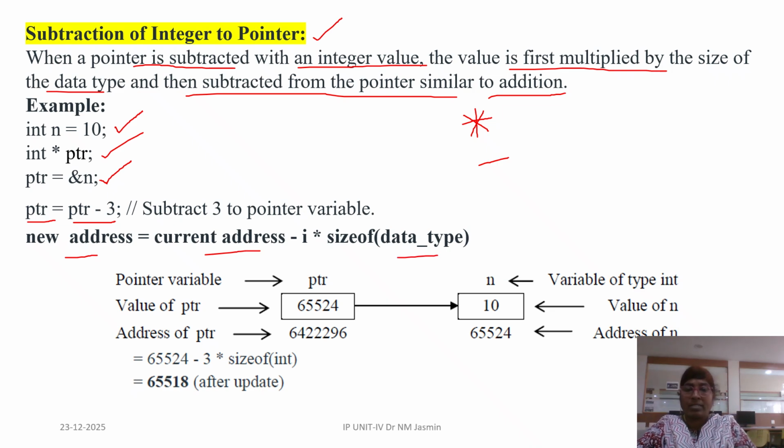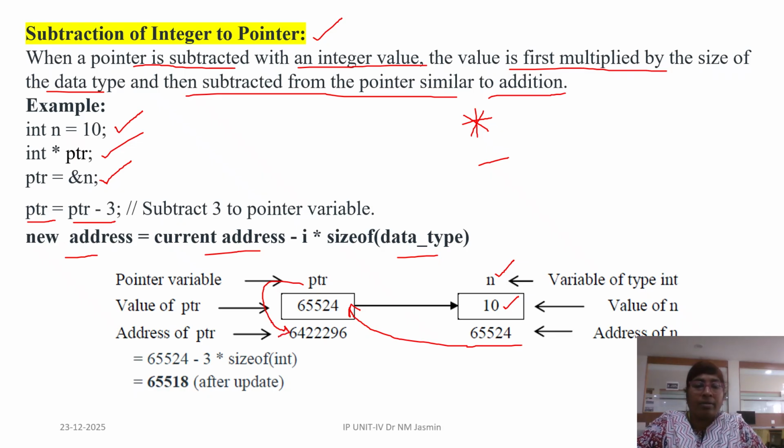In this example, n is an integer variable having 10 as its value. The compiler provides an address to this variable, which is held by this pointer, and this pointer also has an address.